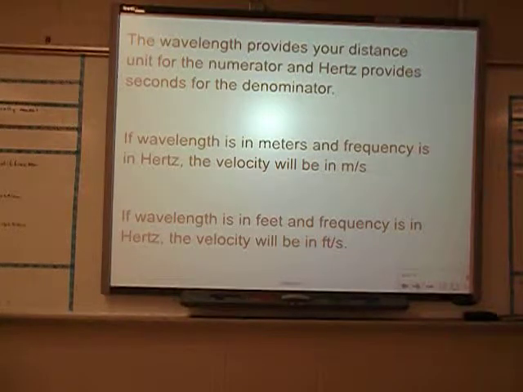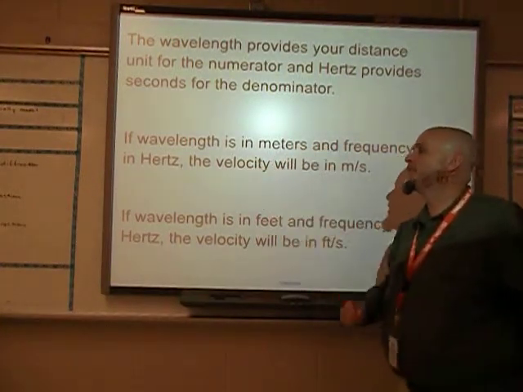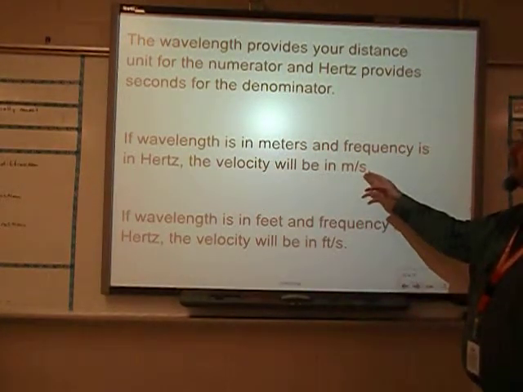The wavelength will provide the distance unit for your speed, and hertz will make the time unit seconds, because hertz is waves per second. So if your wavelength's in meters and your frequency is in hertz, you have meters per second.